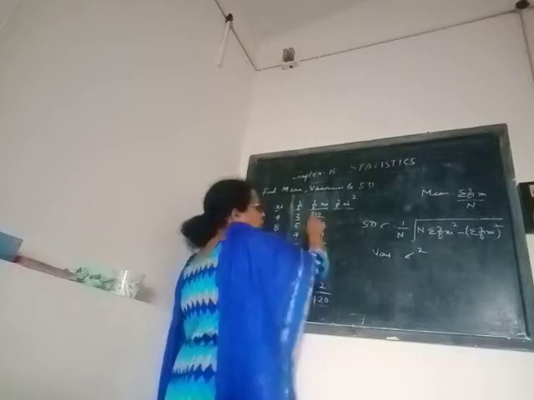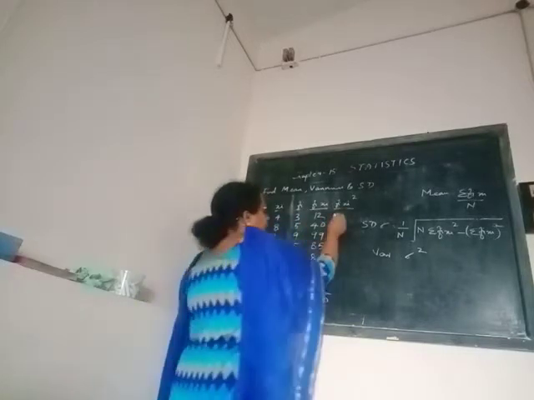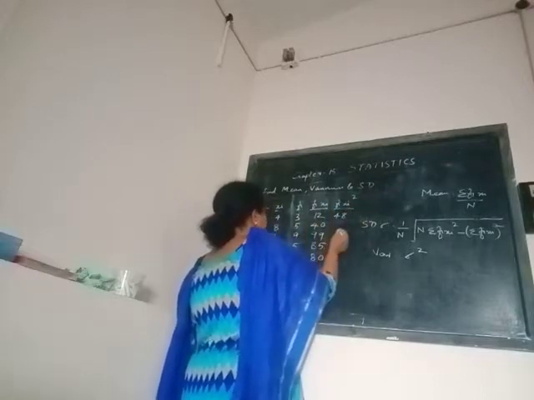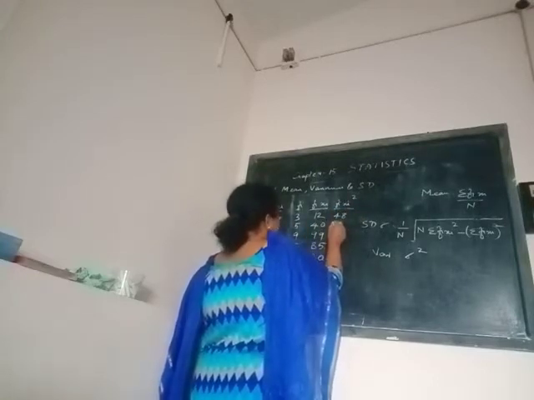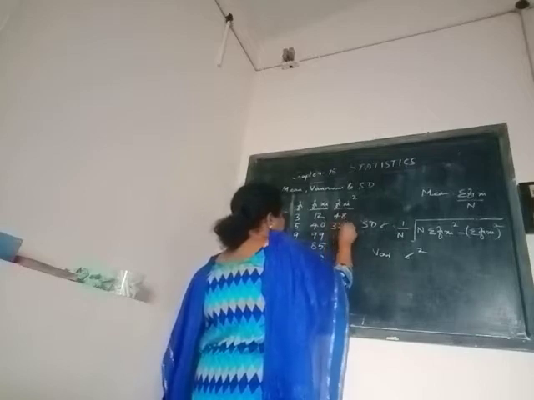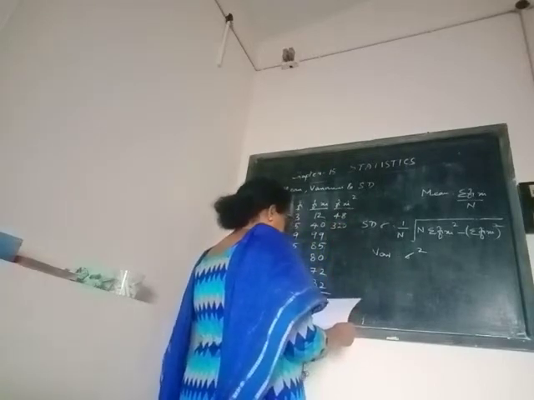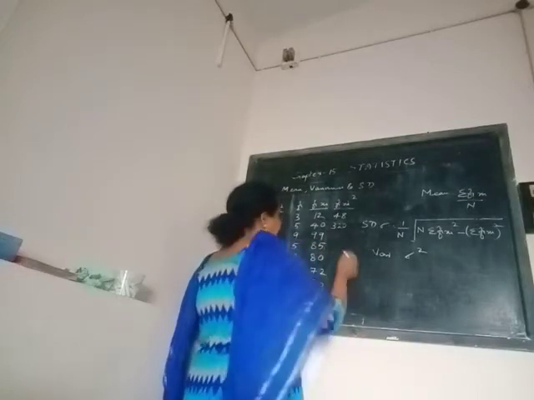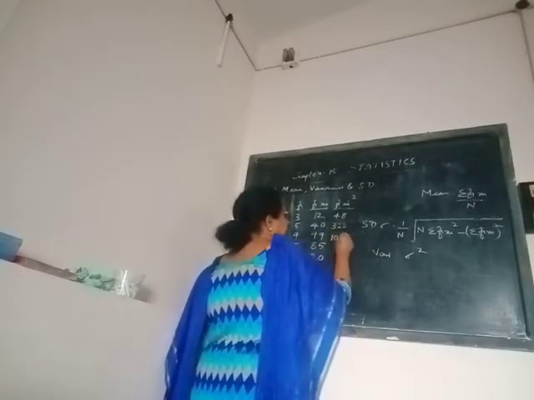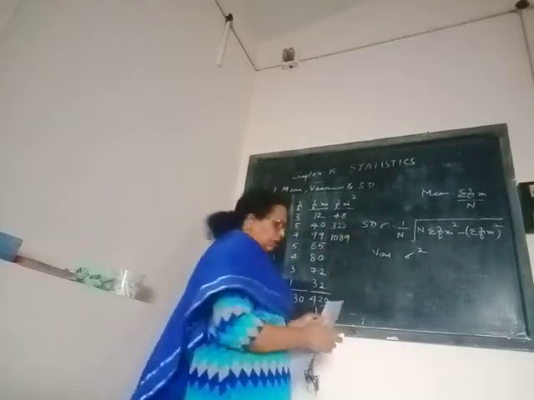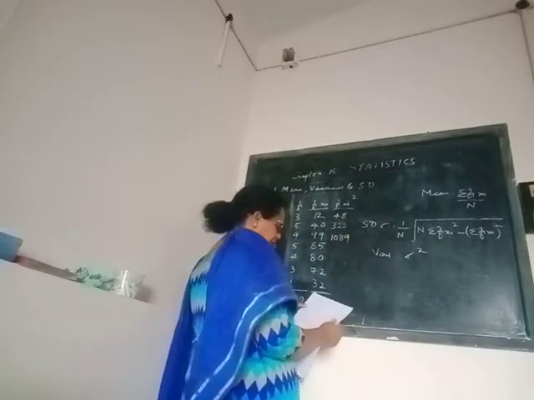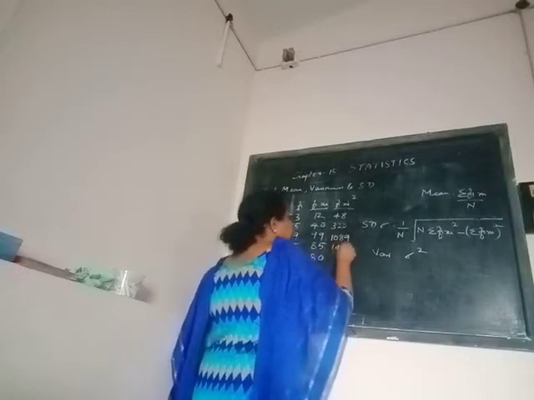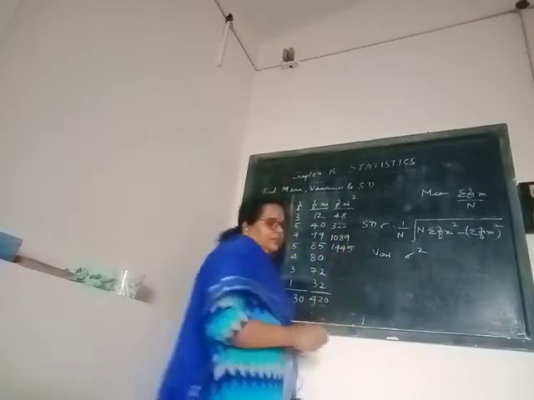What is the first term? 4 into 12, so 48. Next is 8 into 40, so it is 320. Next is 11 into 99, it is 1089. Next is 17 into 85, so it is 1445.